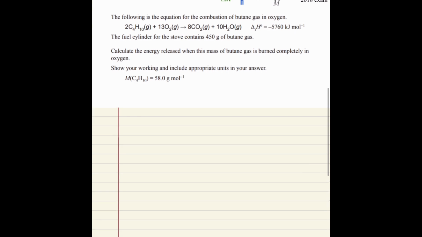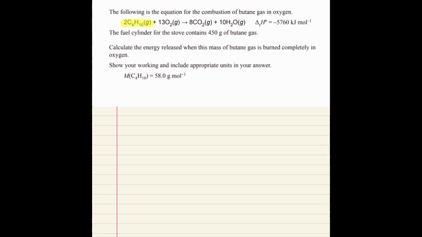So this time we are looking at butane. So butane is this guy, and I've got my delta H immediately because if I read ahead, I'm trying to find the energy release when I've got this much butane. I know everything is in terms of butane, which means that I am going to divide this by 2, because remember you want it in terms of 1 mole of the substance.